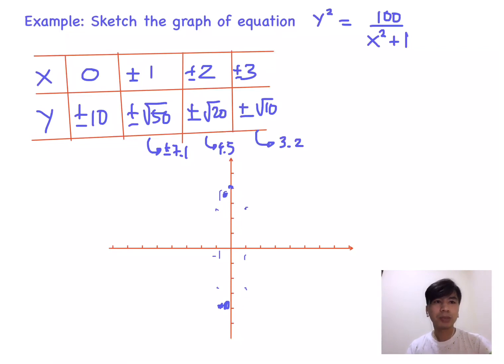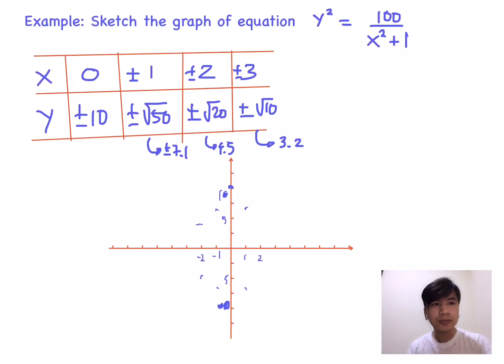If we get plus or minus 2, we'll have around plus or minus 4.5, so probably around here and around here.